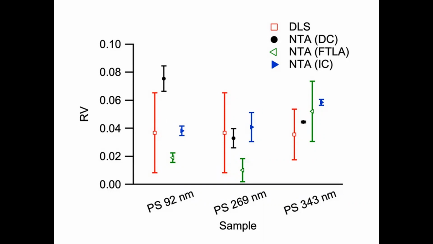Compared with the green one and the blue one, green represents NTA FTLA and blue represents NTA IC, nanoparticle tracking analysis. So the variation is too high in the case of the dynamic light scattering technique.